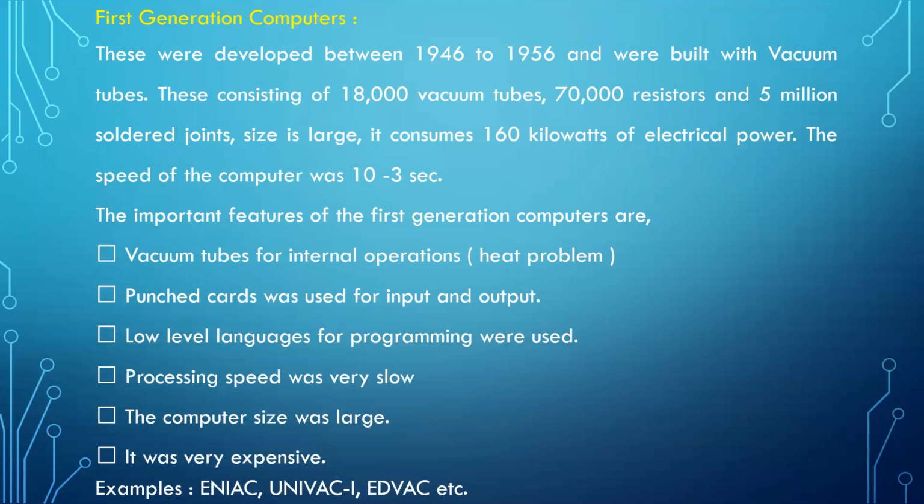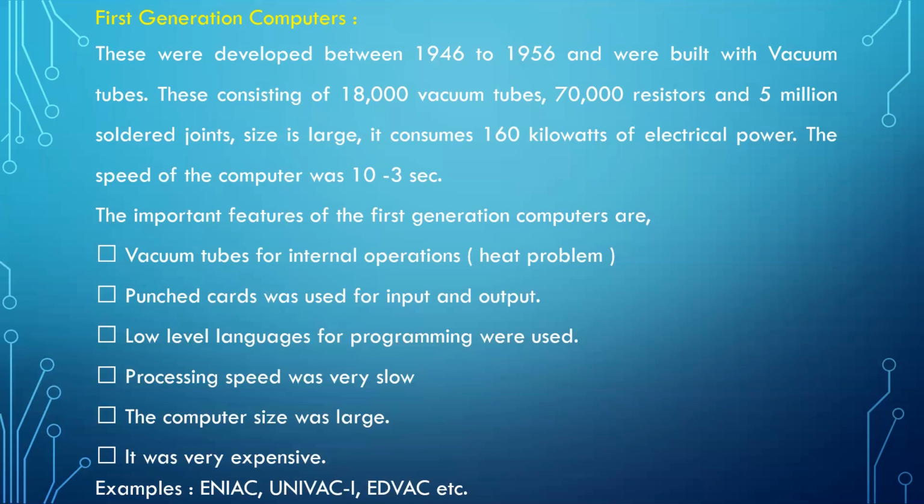If you compare this value to the present speed of computers, we can say the processing speed is slow. 10 to the power minus 3 was very fast at that time, but compared with present day speed, it is very slow. But in those days, that was fast.